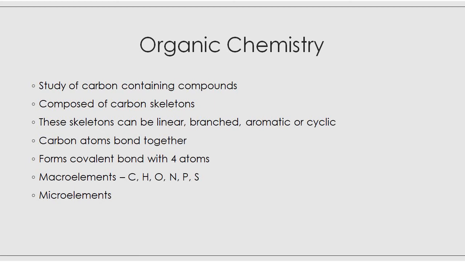But in organic chemistry, you are going to study compounds which contain carbon. Along with carbon, you also have hydrogen, oxygen, nitrogen, phosphorus and sulfur. So organic chemistry is the study of compounds which are rich in carbon. Why is organic chemistry important?